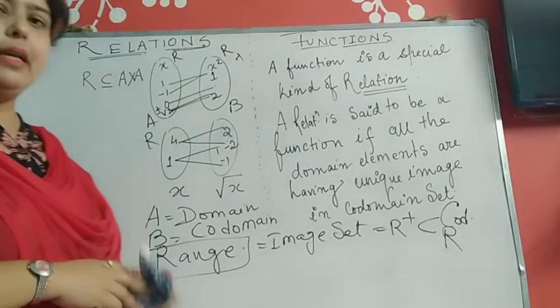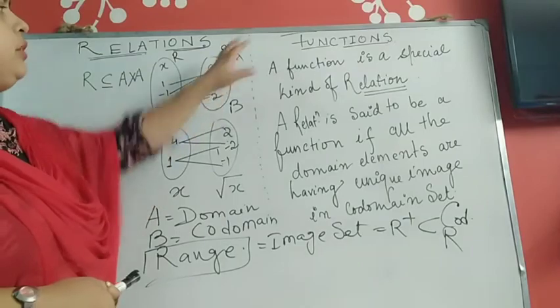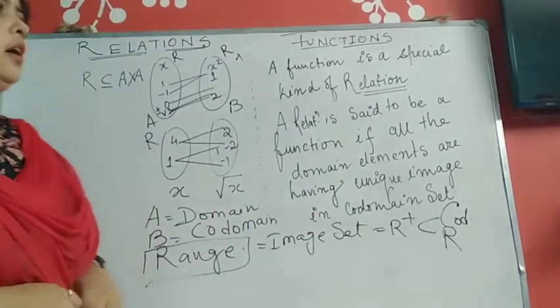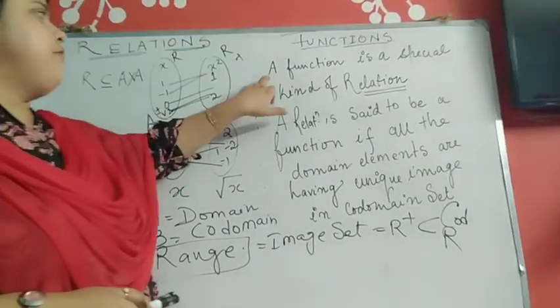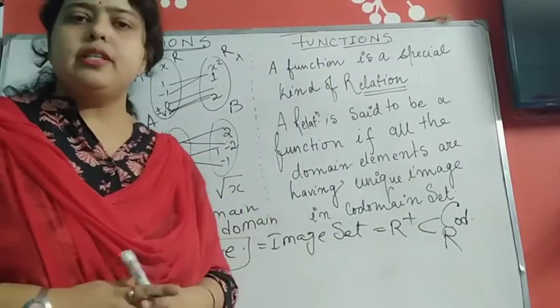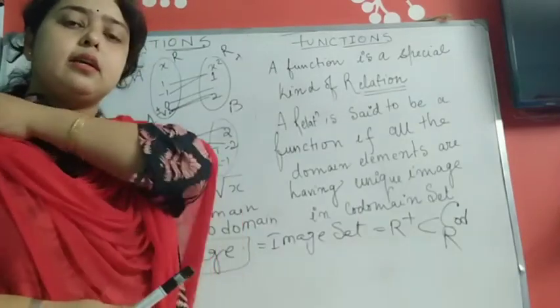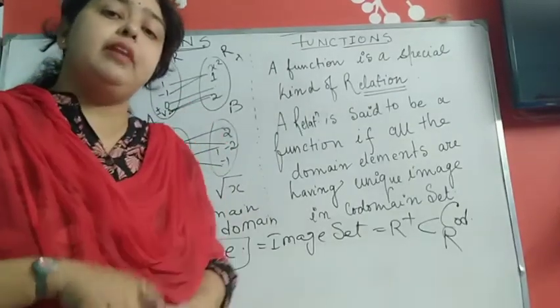So we will discuss later on about the domain and range and codomain. But what about the definition of a function? You can see here I have written something, that is, a function is a special kind of relation. So all relations are not functions. So what is a function? It is coming out from the definition of relations only.